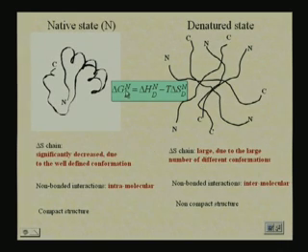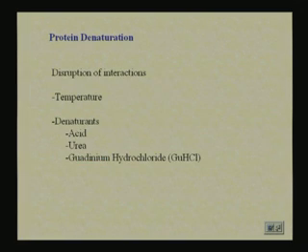All of these contribute to the delta G of folding, which is a small but negative quantity, because we have spontaneous folding from the denatured state to the native state.